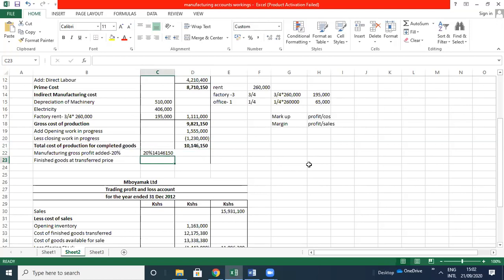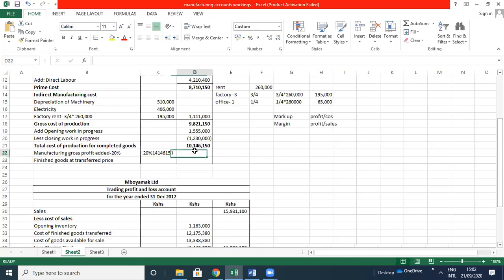Someone to give us the figure? 20% of that, do you get? 202,9230, right? And therefore, once you get that, then you add.